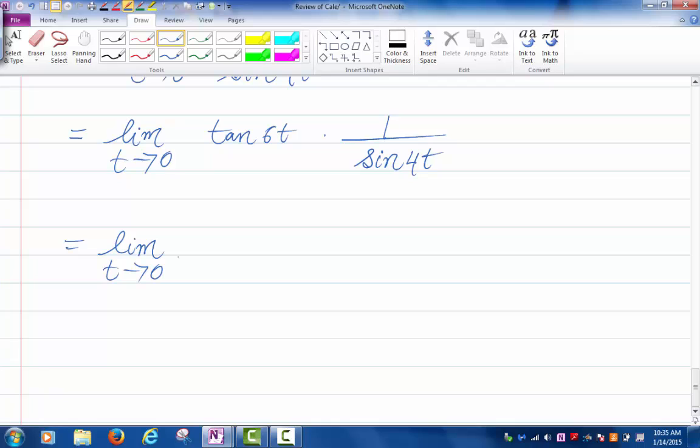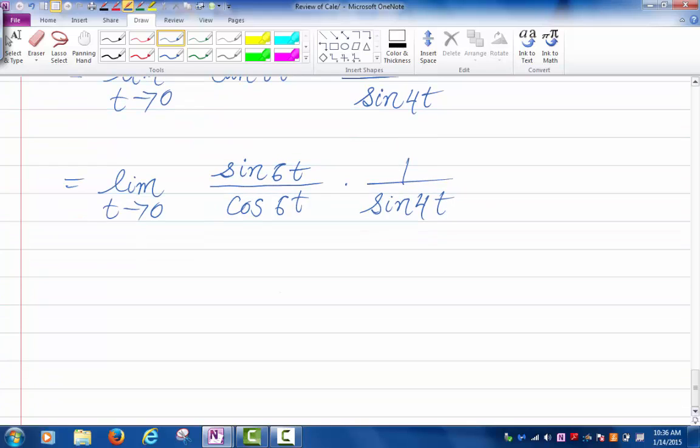In problems involving trigonometry over and over again, you need to apply some sort of identities, right? So this is no exception. You have to know that tangent of 6t is the same as sine 6t over cosine of 6t, and then I have that sine of 4t here.